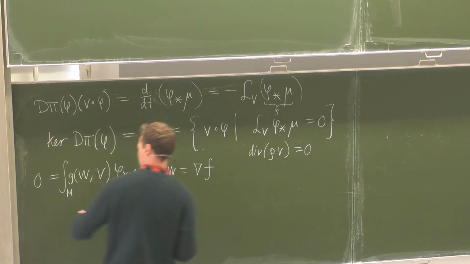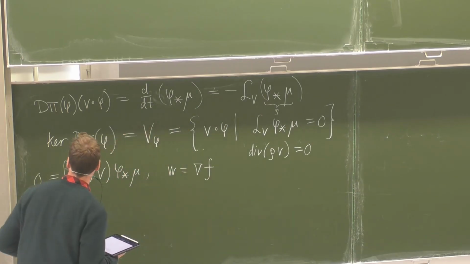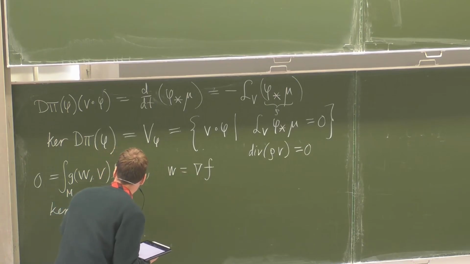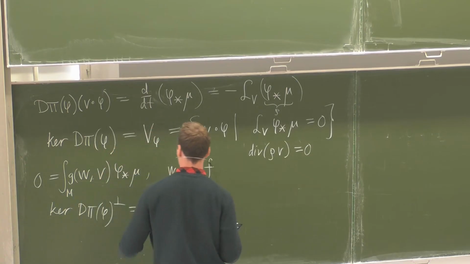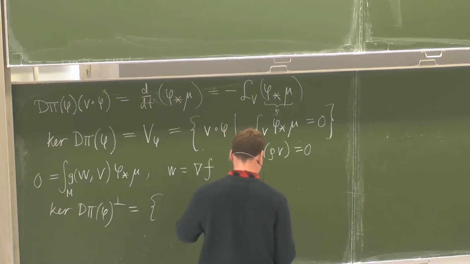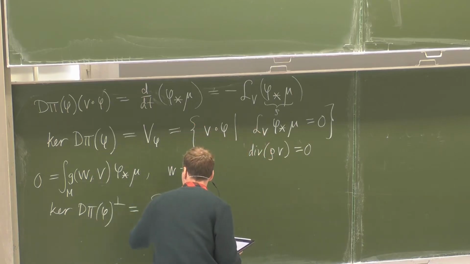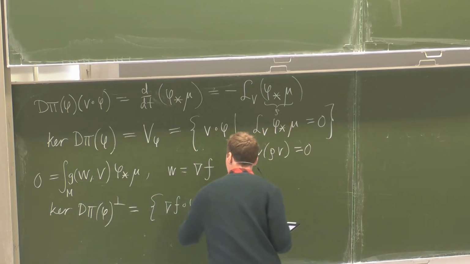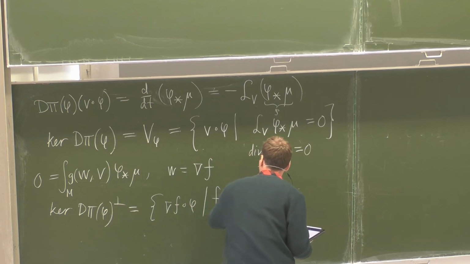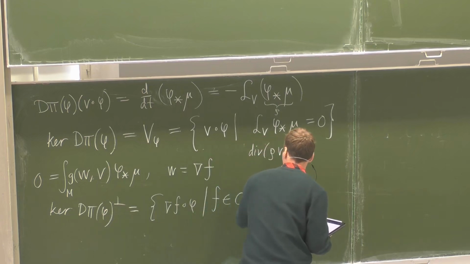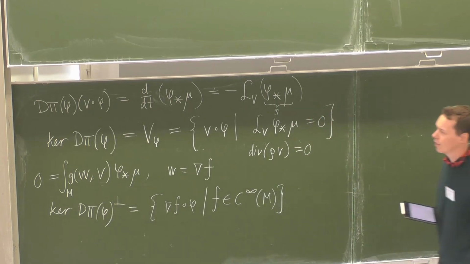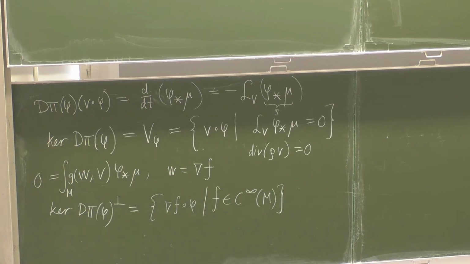So the complement of the kernel is given exactly by gradient vector fields, grad f for some smooth f. Now we actually have these directions. They're just the gradient vector fields.